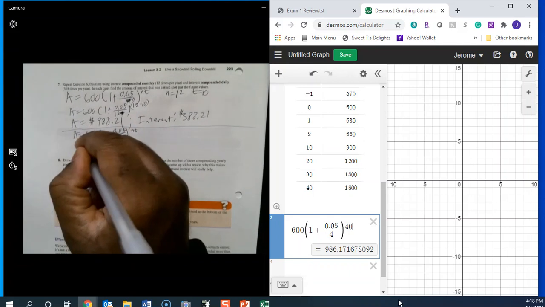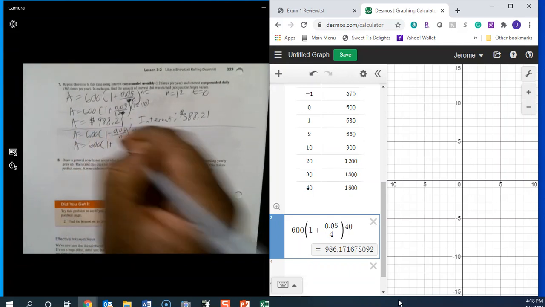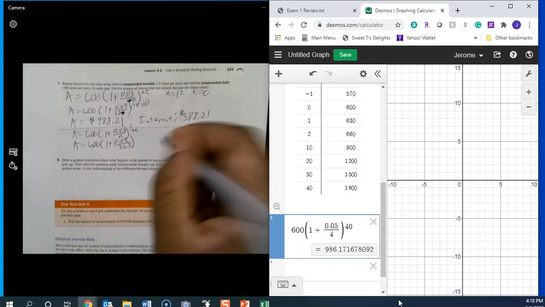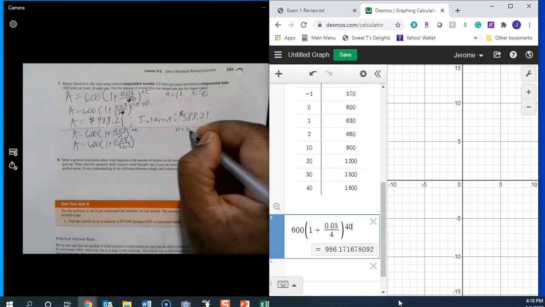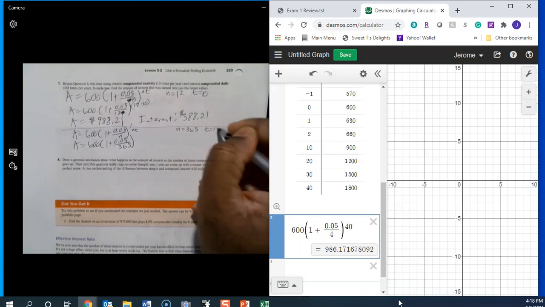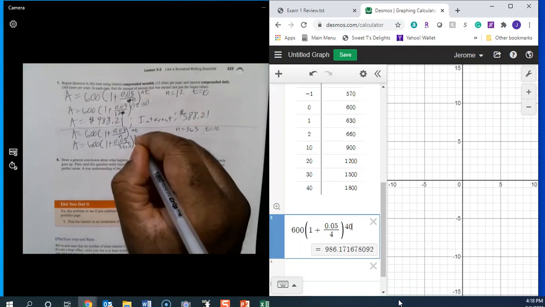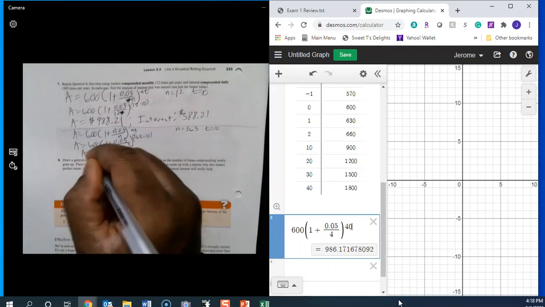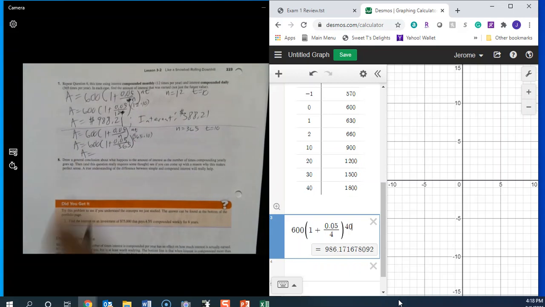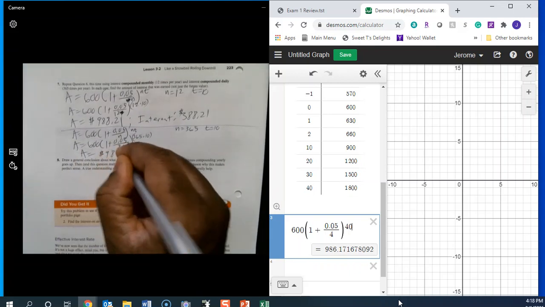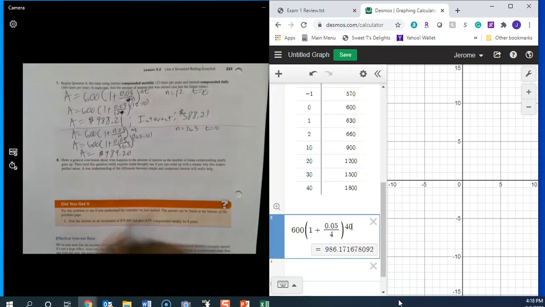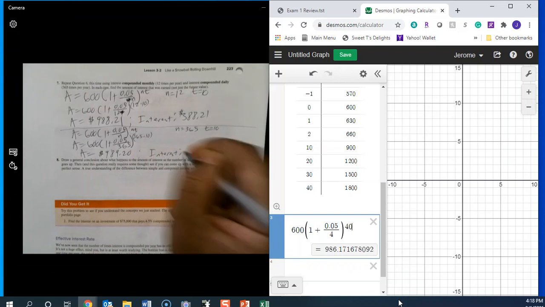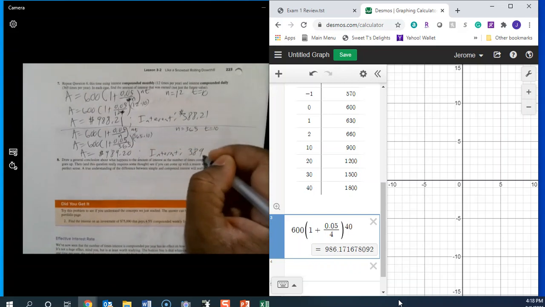So we had A is equal to 600 times 1 plus 0.05, and we know our n here is 365, because that's how many times we would compound interest, and t would still be 10. So this would be taken to the power of 365 times 10. Now, when we put this in our calculator, it'll give us $989.20. So our interest would be $389.20.